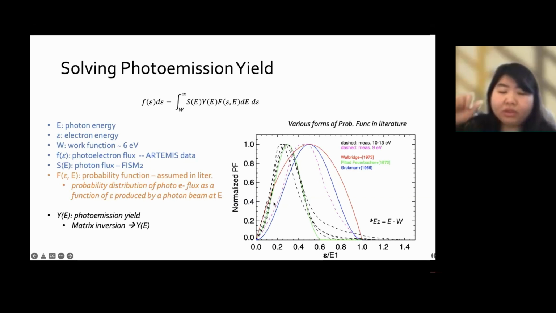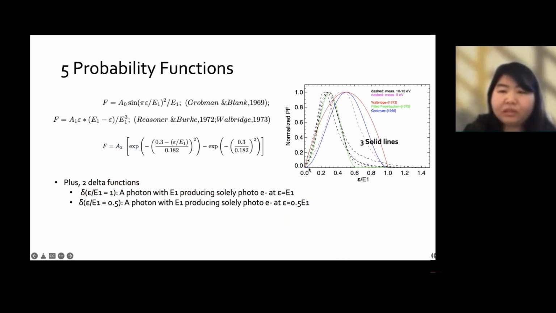In the literature, people came up with a few different functions, but it's not well constrained. So in this study, we use three probability functions from the literature and also delta functions to constrain the yield.